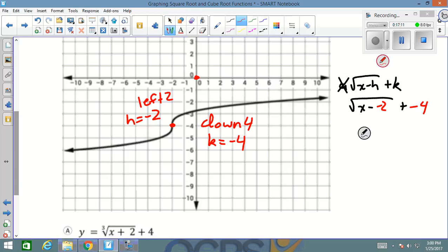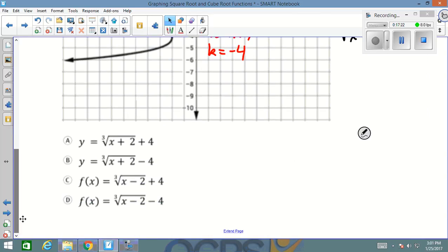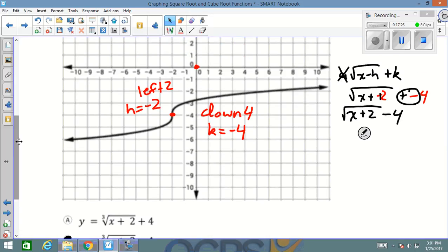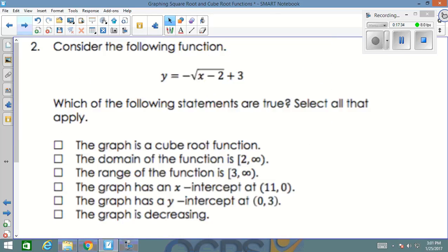Now we just need to change some signs, so those change to plus 2, and minus 4. So it's the cube root of x plus 2, minus 4. Cube root, I should say, of b. And I know it's cubed because it goes in both directions. So it would be b.